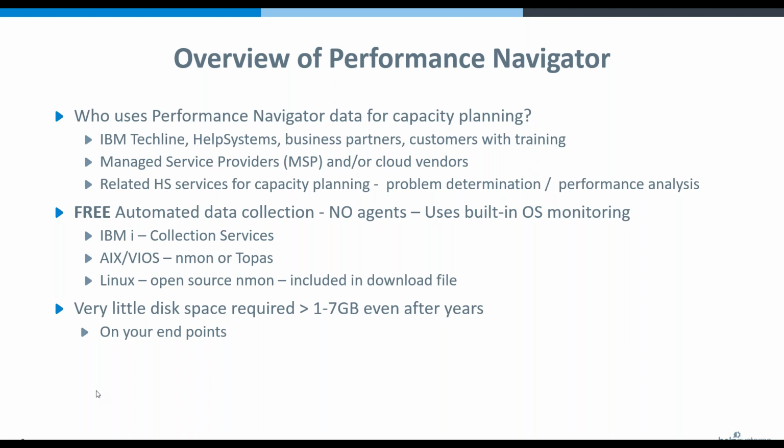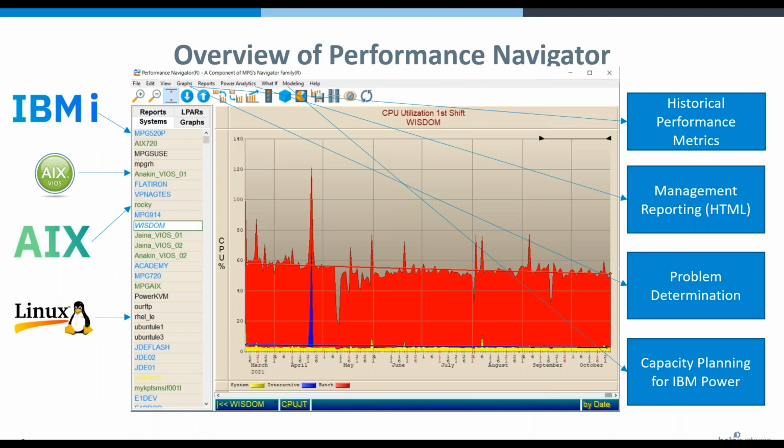And right at the bottom, if you install this on your endpoints, which is your individual instances of the IBMi, AIX, and Linux operating systems, then we can keep at least a year worth of data, if not a couple years worth of data, without really greatly impacting your disk consumption. Notice we have 1 to 7 gigabytes worth of consumption on your server itself. So really important to get that installed. If you're thinking about upgrading, get that free agent out there ahead of time.